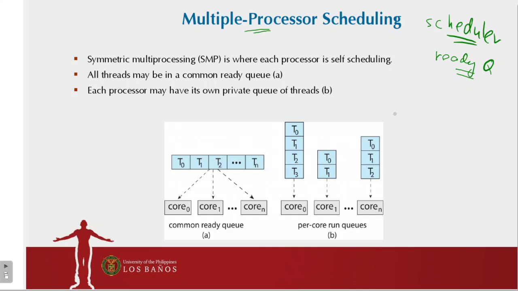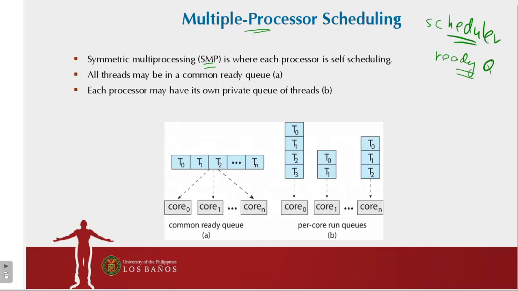However, a better approach is symmetric multiprocessing, wherein each processor is self-scheduling, which is what we have right now in modern processors.